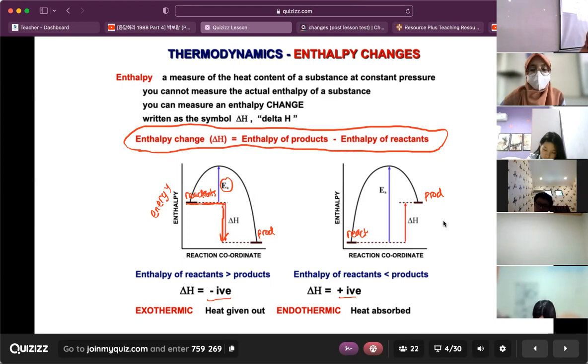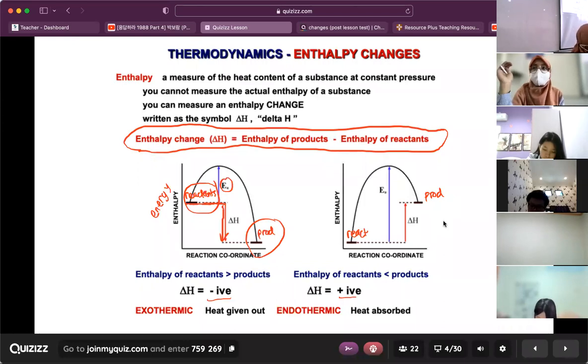Okay, any question? If you are asked to draw the reaction pathway of a particular reaction, make sure you write down the reactants on the left hand side and the products on the right hand side. But the shape will be different for exothermic and endothermic. For exothermic, the reactants must be at a higher energy level than the products. While for endothermic, the reverse: the products must have a higher energy level than the reactants.